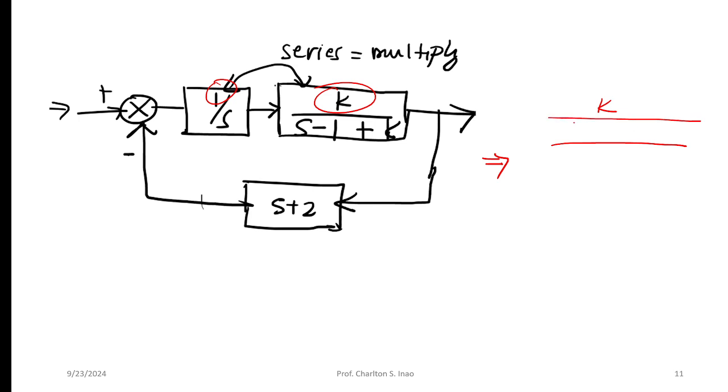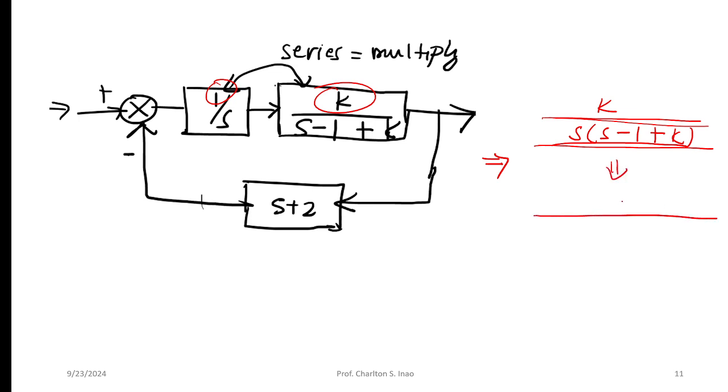Then at the denominator part, s times s minus 1 plus k, right? Correct? So here, we just have to simplify first this one.